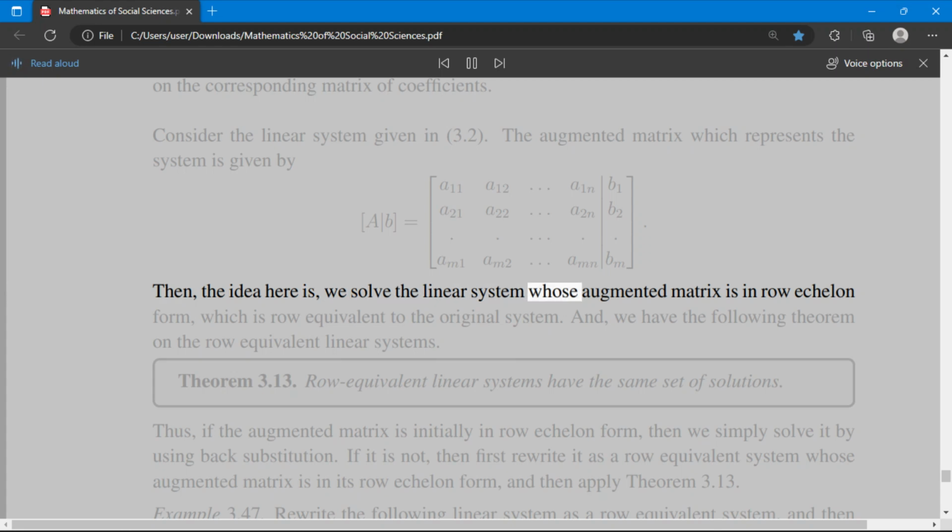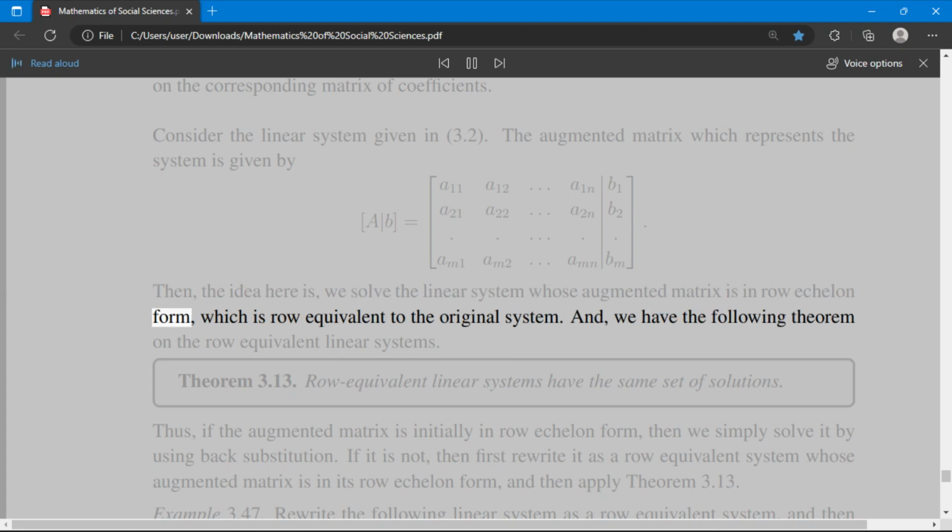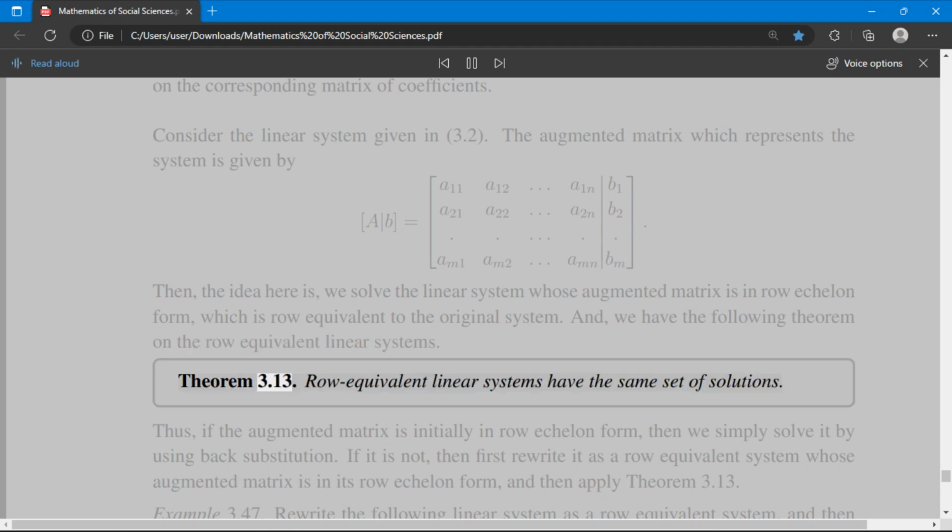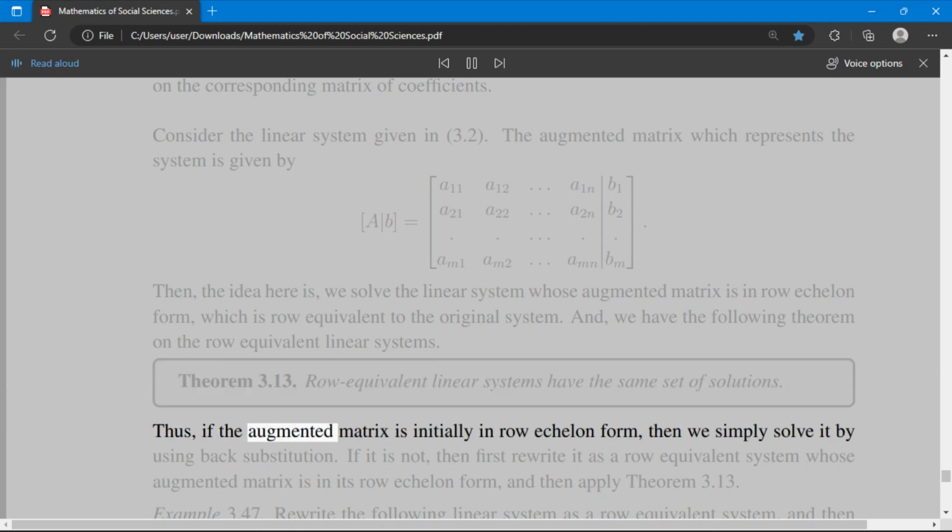Then, the idea here is, we solve the linear system whose augmented matrix is in row echelon form, which is row equivalent to the original system. And we have the following theorem on row equivalent linear systems. Theorem 3.13. Row equivalent linear systems have the same set of solutions.